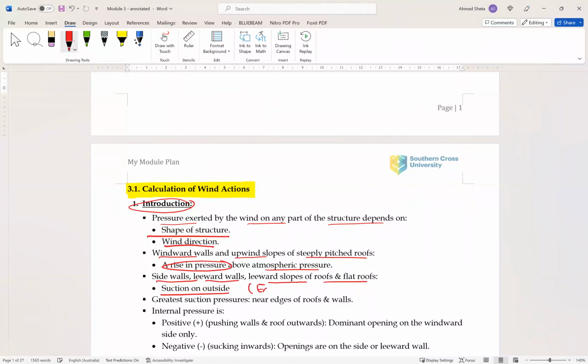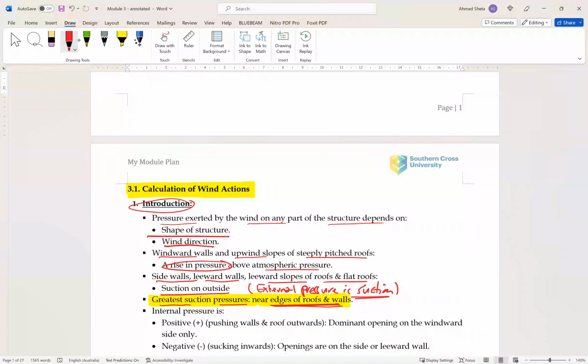So the external pressure is suction. Greatest suction pressures are near the edges of the roofs and walls. So the maximum suction is near the edge.